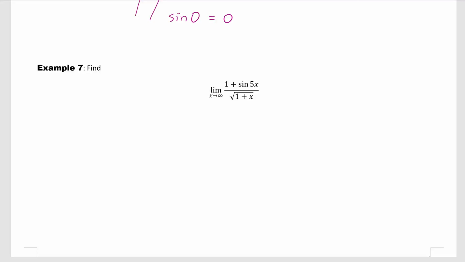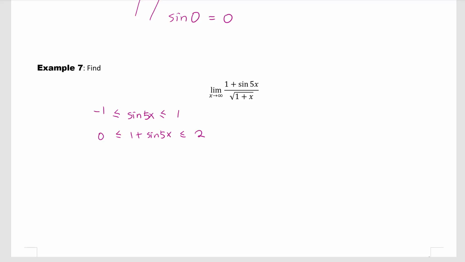You always start with the sine or cosine term. I have sine 5x here, so you start with the sine term. Sine 5x is bounded between -1 and 1. Then you add 1 to each of the terms. This becomes 0, this is 1 plus sine 5x, and this is 2. By the way, adding or subtracting a number won't change the inequality sign.